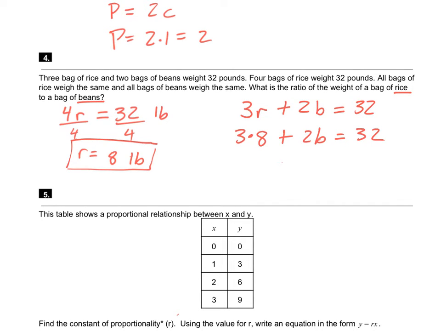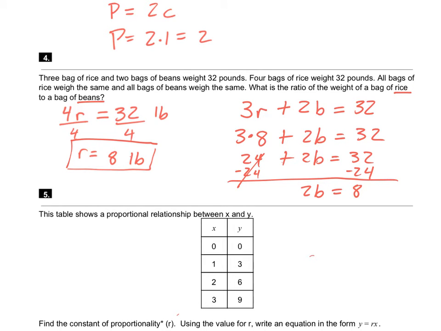3 times 8 gives you 24 plus 2b, and that gives you 32. You subtract 24 from both sides, and now you have 2 bags of beans equals 8.